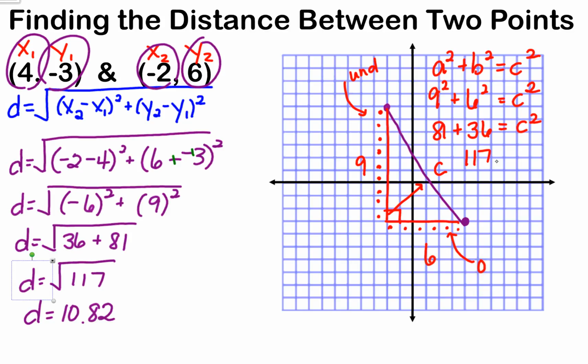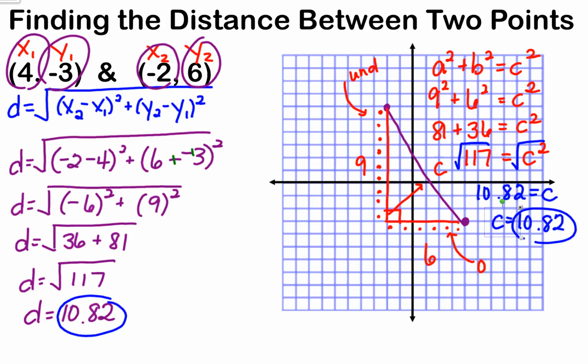And 117 would be equal to c squared. I would then take the square root of each side and get 10.82 equals c, and I can use the symmetric property once more to write 10.82 as my answer. So that would be the distance of that line segment. Notice I get the same answer. It's totally acceptable to do it either way.